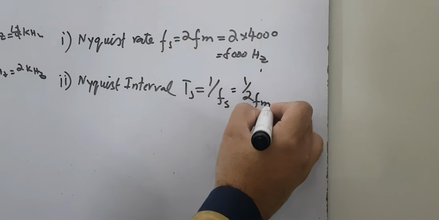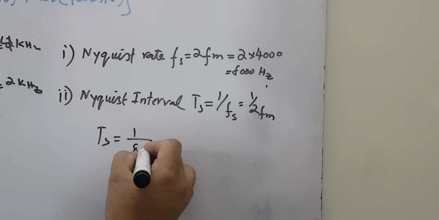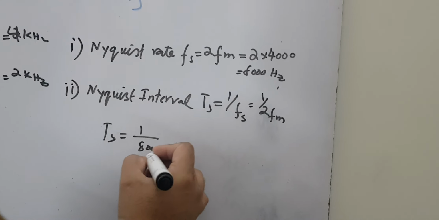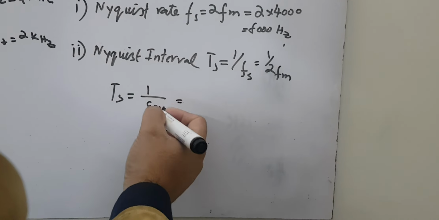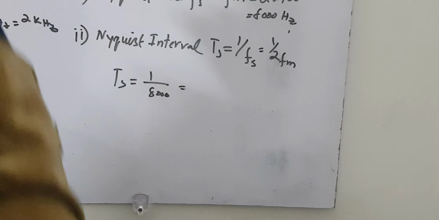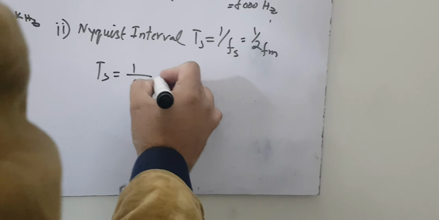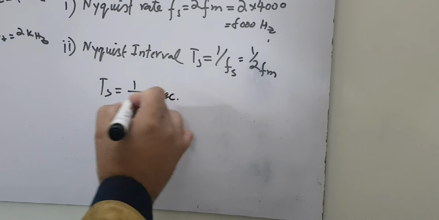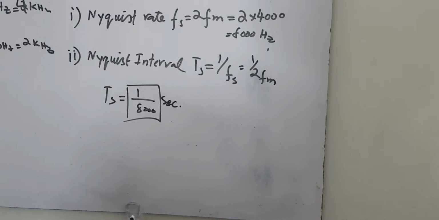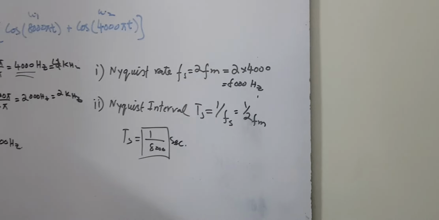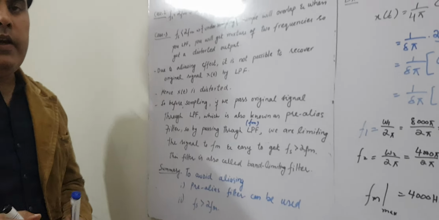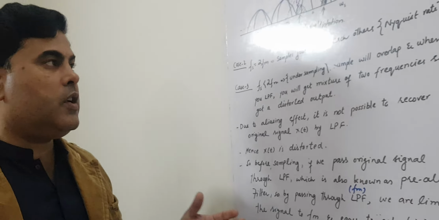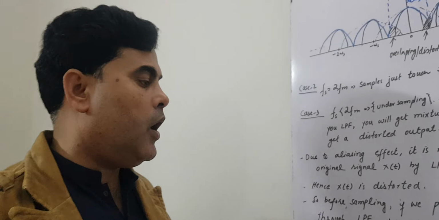So Ts is equal to 1 divided by 8000, which is 1 by 8000 seconds.